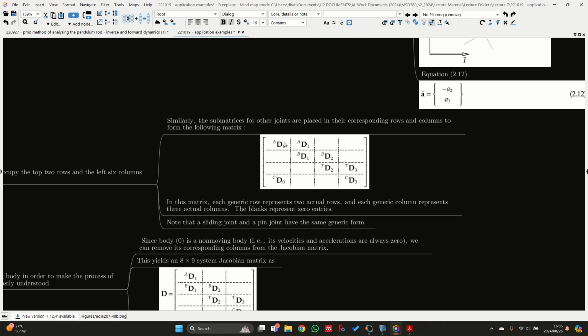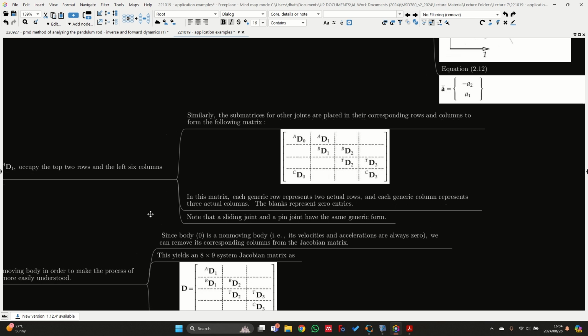So once again, this column is broken up into 3, this column is broken up into 3, and then I have 3 times 4, which gives me my 12 columns that I expect. The blanks simply represent any 0 entries. And we can note that a sliding joint and a pin joint have the same generic form. In other words, the same number of constraints are imposed by them, and they have the same number of coordinates expressed across them.